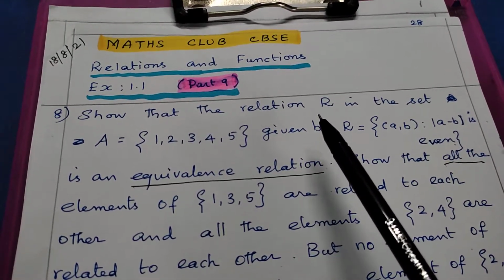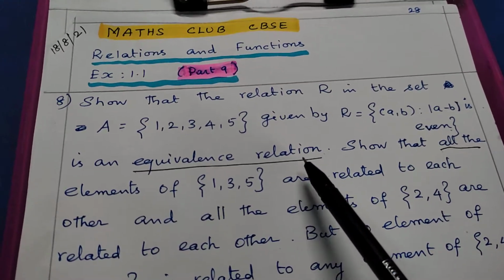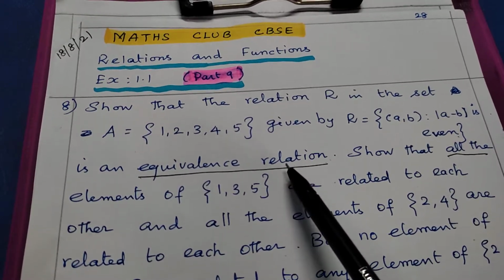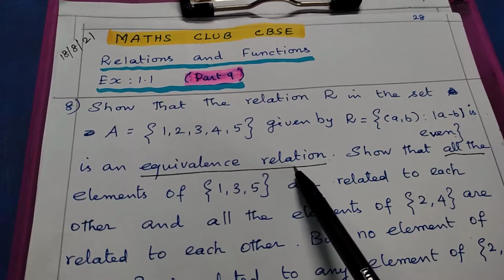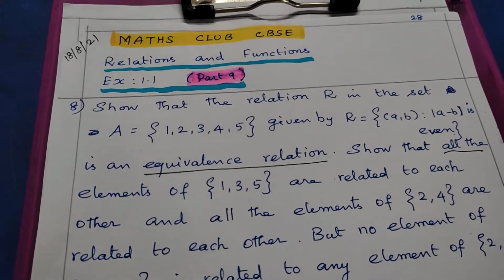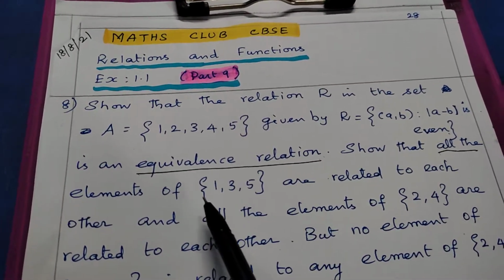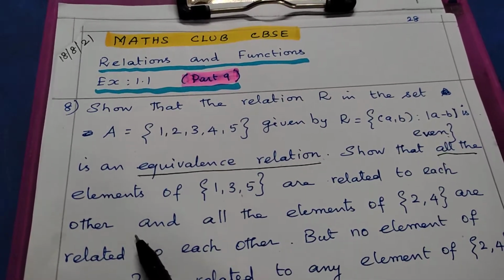In this sum, we separate it into 4 parts. In the first part, we have to prove that R is an equivalence relation. In the second part, we have to show that the elements of the set {1, 3, 5} are related to each other.